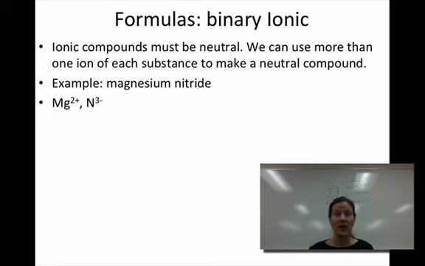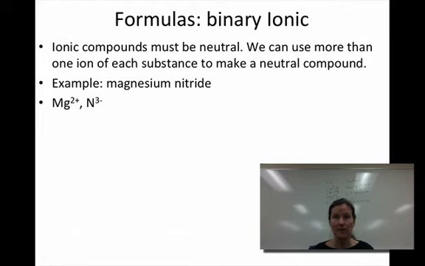In order to make a neutral compound, you can use more than one of any given ion. For example, if we were given the name magnesium nitride, they don't come together with one magnesium and one nitrogen, because magnesium is a +2 charge and nitrogen is a -3 charge. So the question becomes, at what ratio can I bring these two together so that when I add up how many positives and how many negatives are present, I end up with a 0 charge?